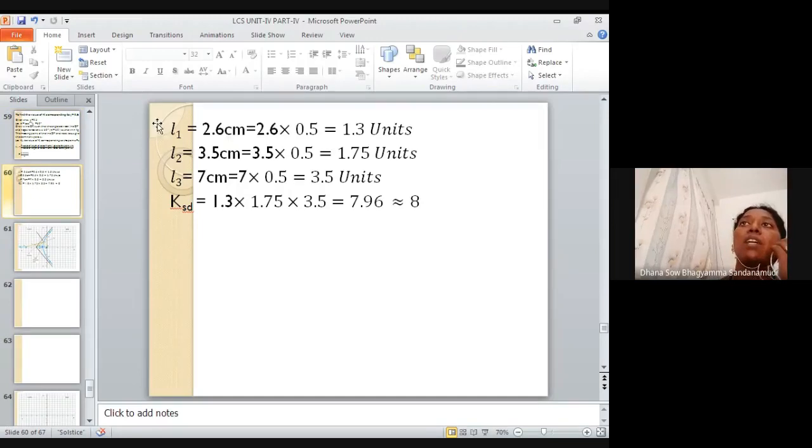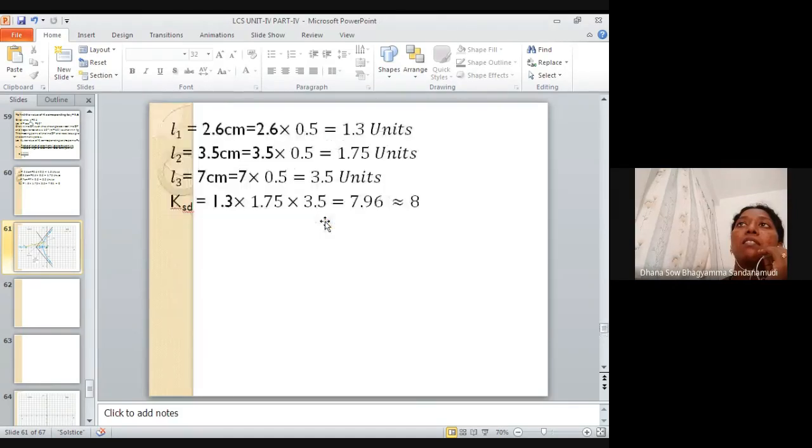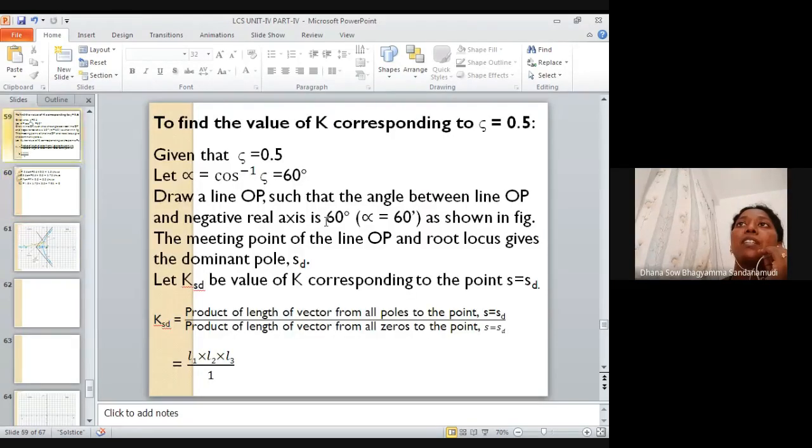So length L1, by using a scale, if you measure, is 2.6 centimeters. So multiply this 2.6 with 0.5, you will get 1.3 units. Similarly, the length of L2, from P2 to this SD, is 3.5 centimeters.